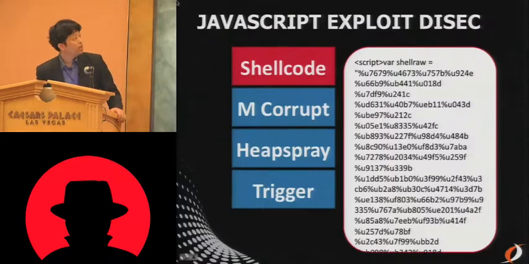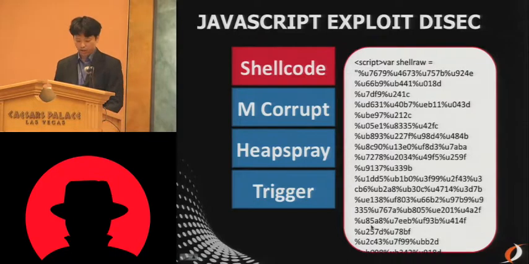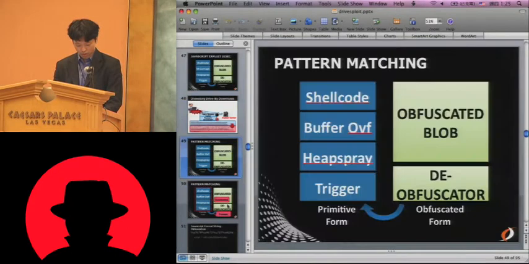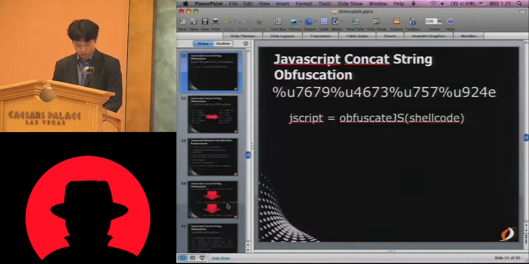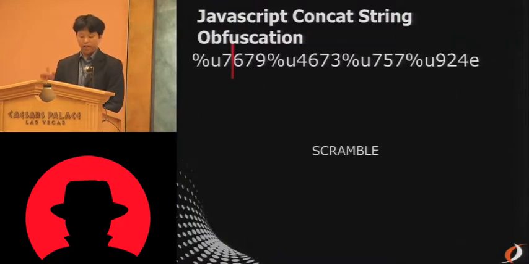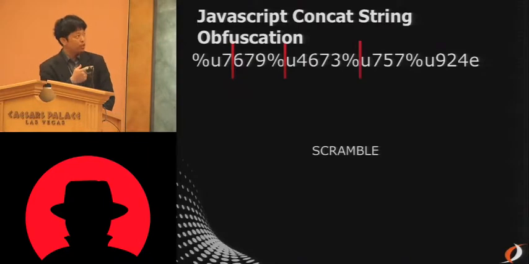Here you have a script with var shell raw equals a big long string, and you want to randomize this string. If you want to simulate this behavior in Drivesploit, you call the function, and it randomly chops the string up.